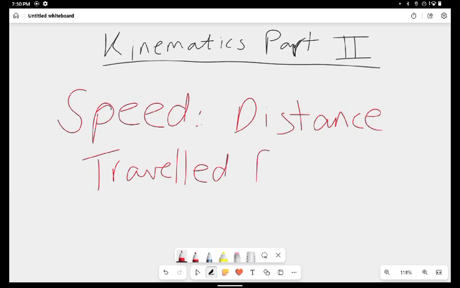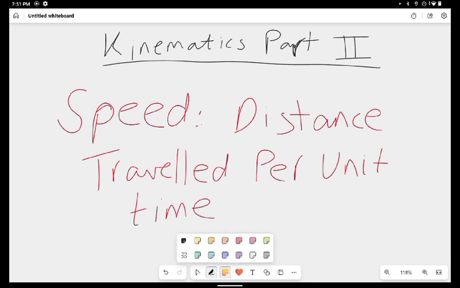Distance traveled per unit time. Okay, so this is the definition. Now we come to the mathematical formula.